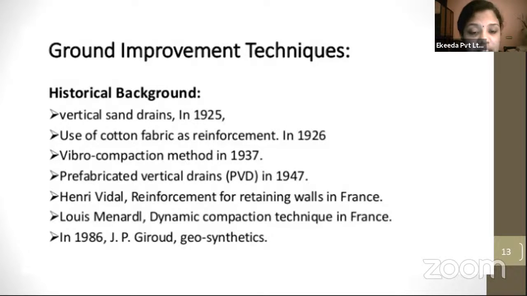All these methods we can discuss in later classes. Then prefabricated vertical drains were introduced in 1947. Henri Vidal introduced reinforcement for retaining walls in France. So all these are the history of ground improvement techniques.